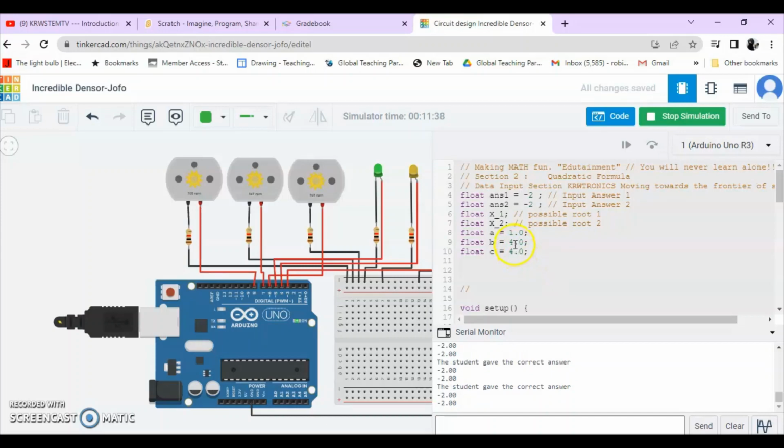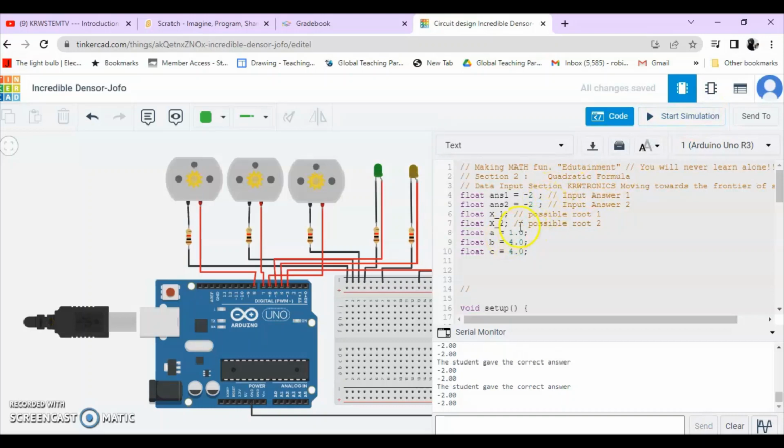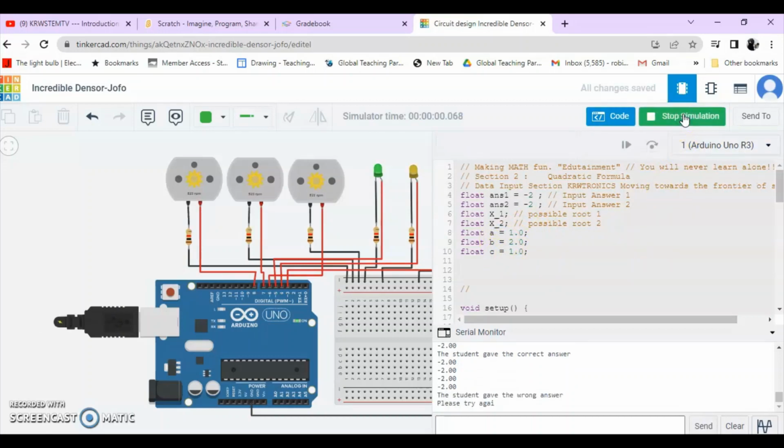If we solve that, we know that A is equal to 1. Alright, let's start the simulation a bit. A will be equal to 1, B will be equal to 2, and C will be equal to 1. I've just changed the values for A, B, and C. And if I start my simulation, let's see what will happen.